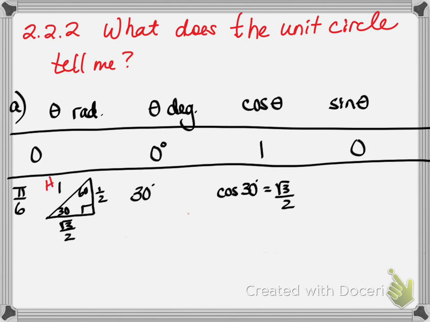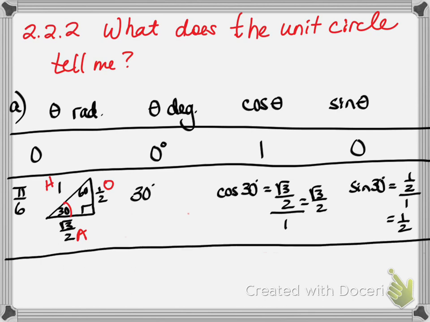For 30 degrees, this is A and this is O, so it's A over H because cosine is CAH. And that is just the square root of 3 over 2. And the sine of 30 degrees is O over H, half over 1, which is just a half.